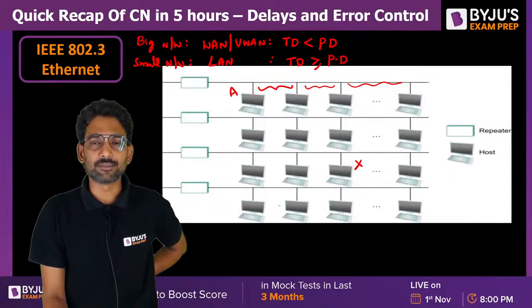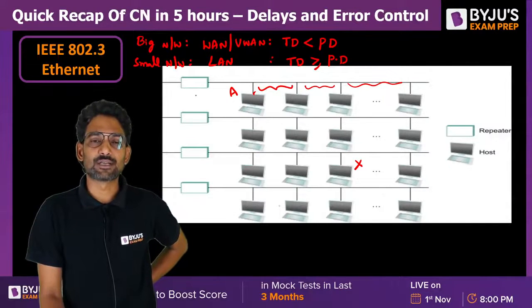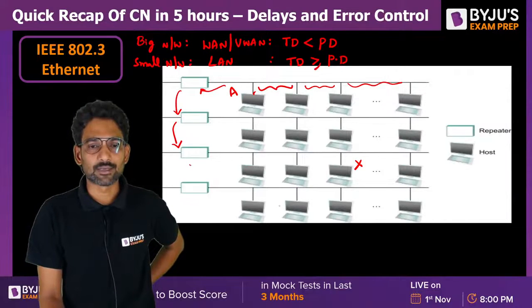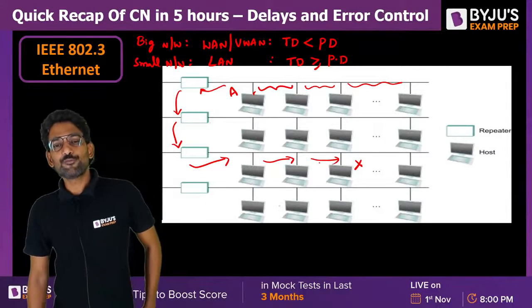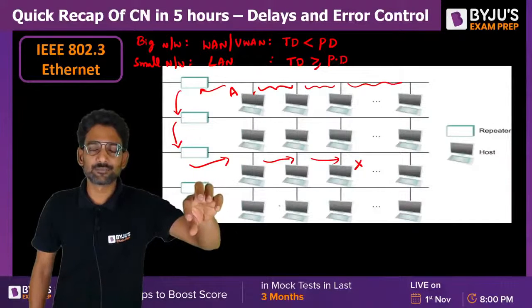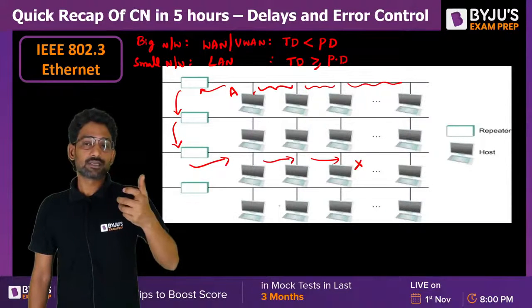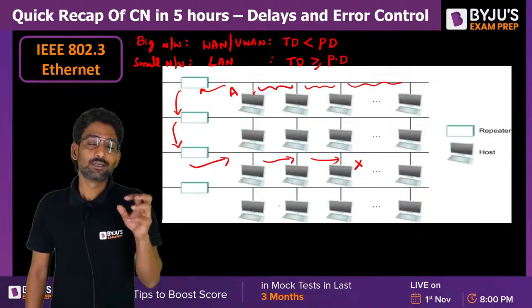So A will send to B, B will send to C, C will send to repeater. Like that, in this way the data is coming. If so, A has to load the data, it has to travel till repeater, from repeater to repeater, loading, traveling, because guys, repeater is also a node. Node can be networking device or computer, remember.